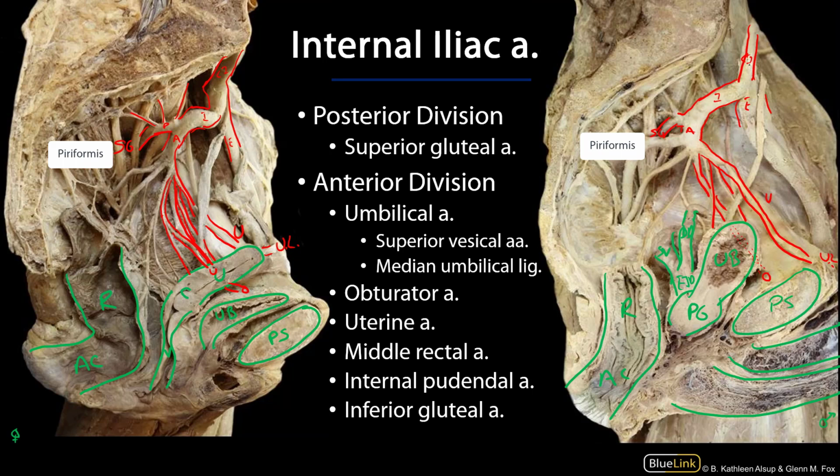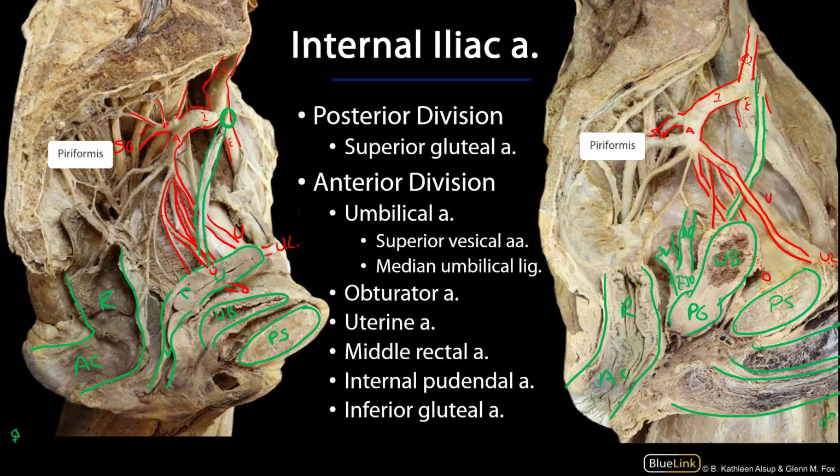That uterine artery, if you recall, is going to run over the ureter. Here is the ureter descending down. You can see that it's crossing into the pelvis at the junction of the internal and external iliac arteries. There's the ureter over here.